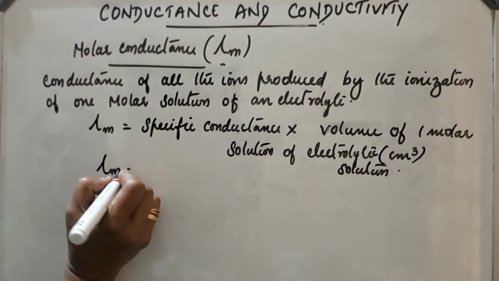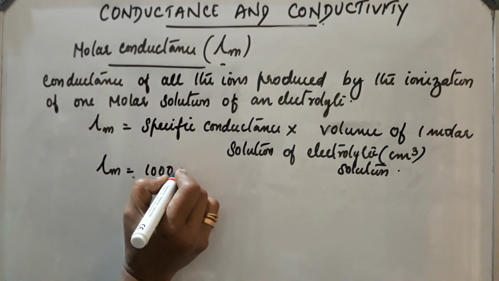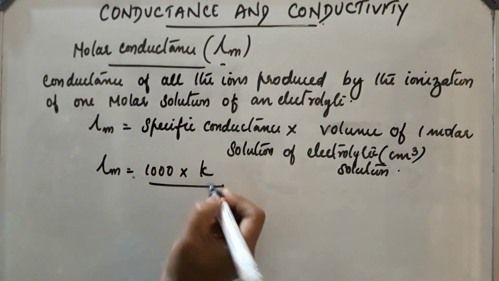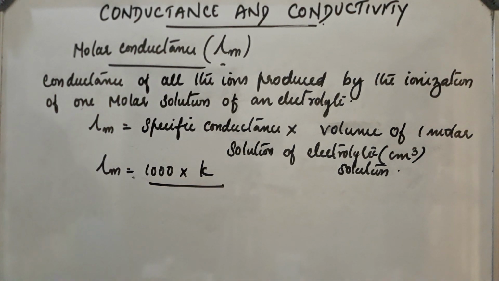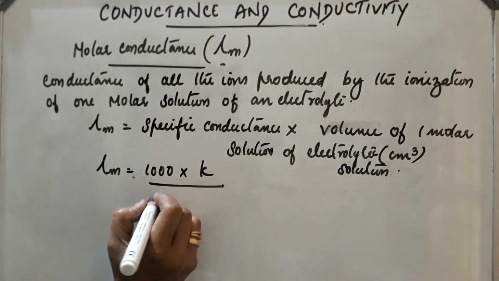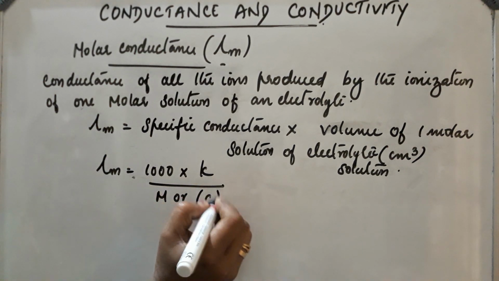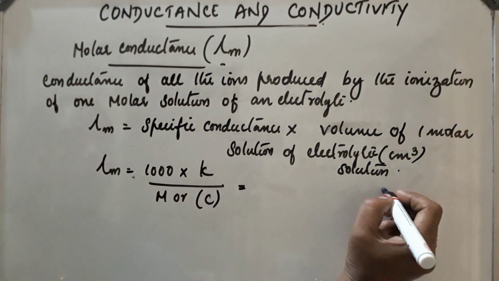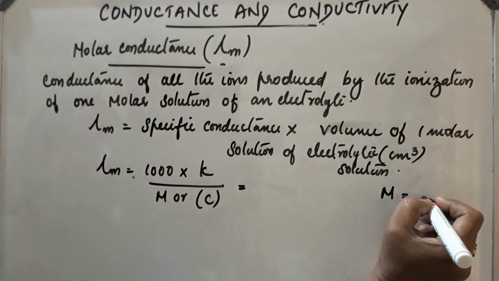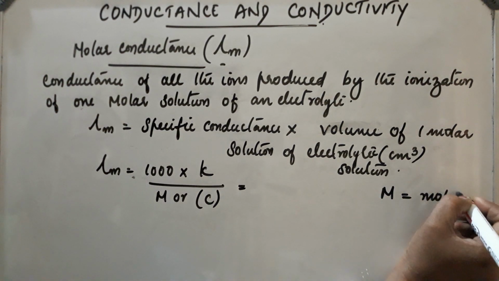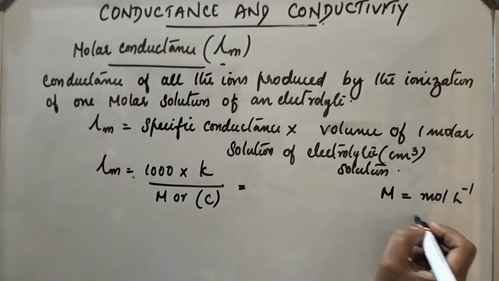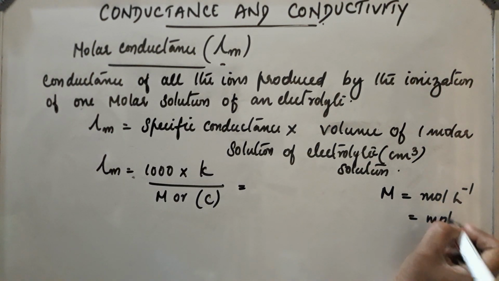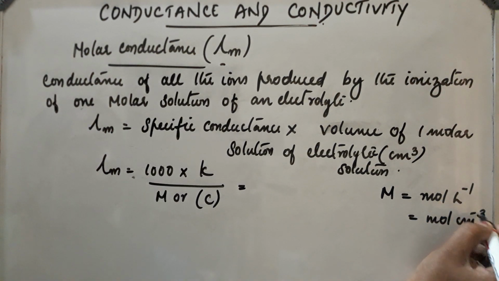Lambda m is equal to 1000 into kappa by 1 molar, or C. This molar is mole liter inverse, and liter inverse is mole centimeter raised to -3.